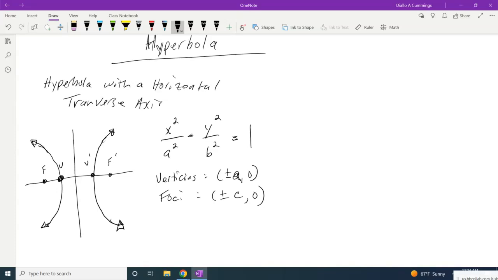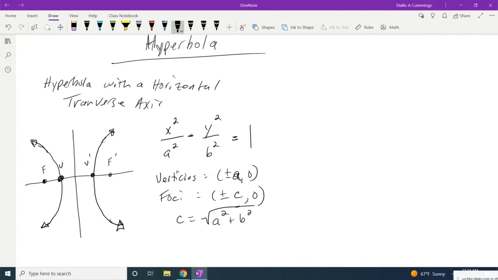Now this formula for c differs from the c formula for the ellipse. c is going to equal the square root of a squared plus b squared. So for the ellipse, it was a squared minus b squared. But for the hyperbola, it is the square root of a squared plus b squared.